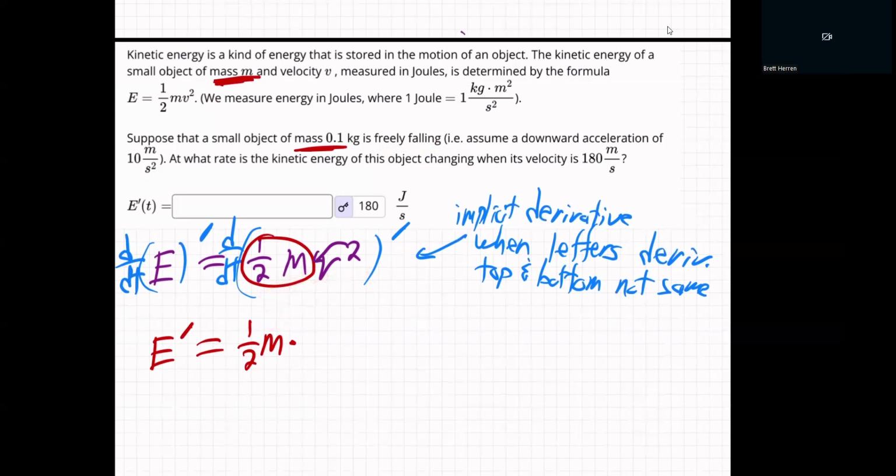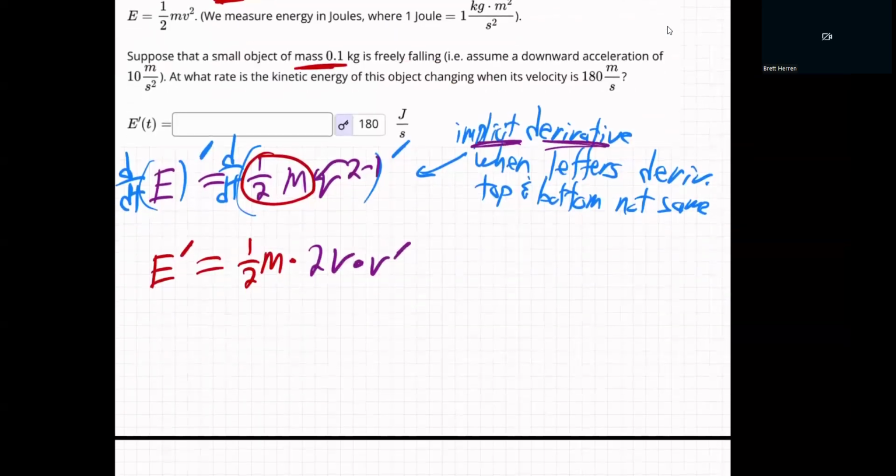All right, so bring down the 2v, and subtract 1 from the power, so it's v to the 1. But that's not it. Times v prime, because again, it's the implicit derivative. v prime really means dv/dt, just like we learned earlier. All right, let's keep it going. So now E prime equals.